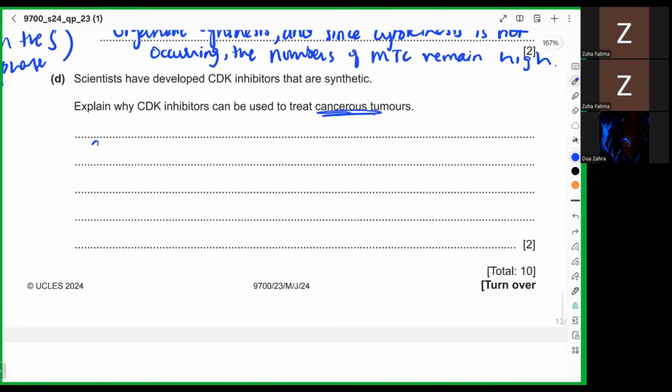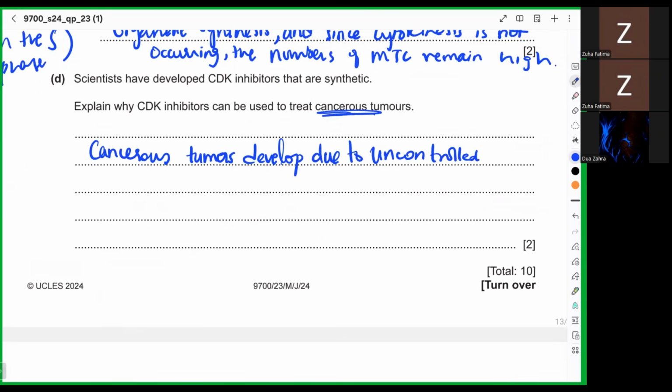So, cancerous tumors develop due to uncontrolled mitosis.